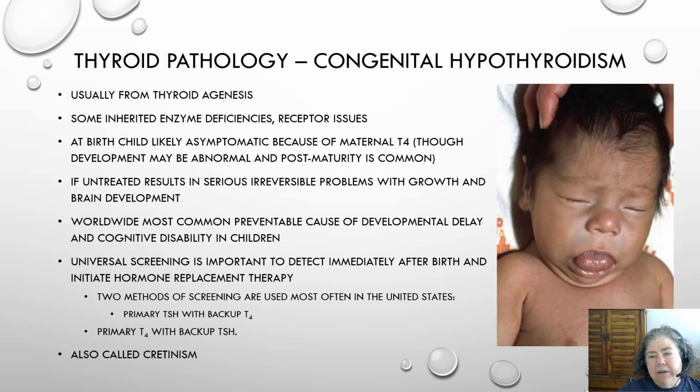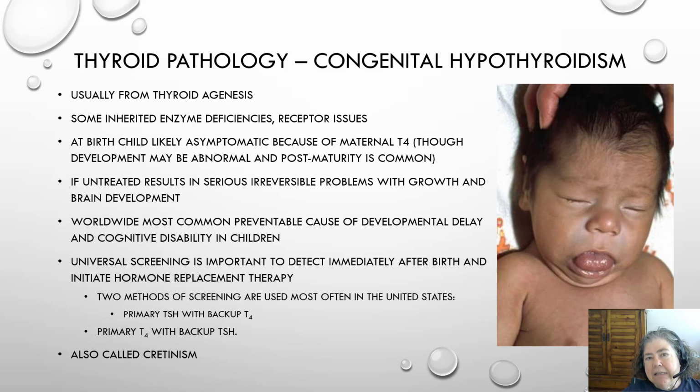This is an image of a child with congenital hypothyroidism, which has become considerably less common. It is often from a lack of the thyroid gland to develop in the fetus. During fetal life, the mom's thyroid hormone can maintain normal growth if the problem is thyroid agenesis.